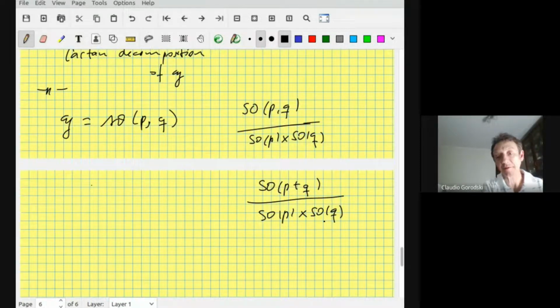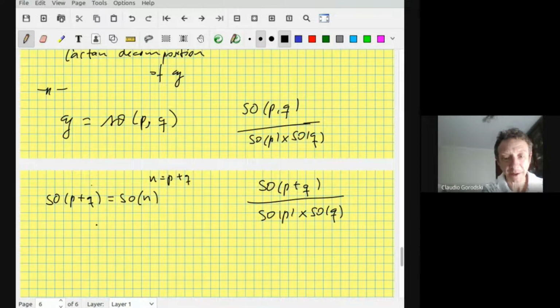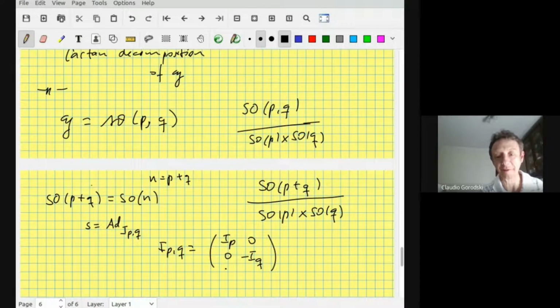Right. So what happens here is that for this Lie group, we can write SO(n), where n is P plus Q. We have a family of involutions, conjugation by this matrix I_{P,Q}, which is identity, minus identity in block form like this.